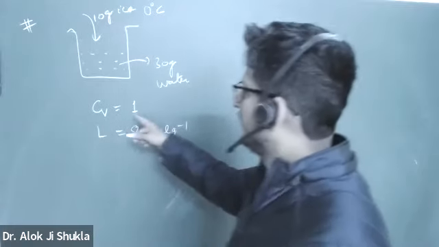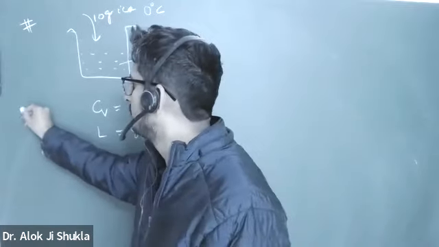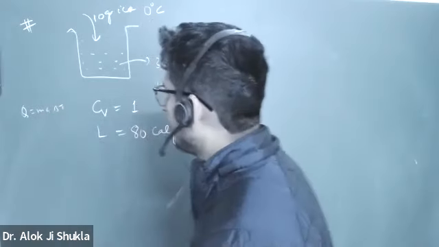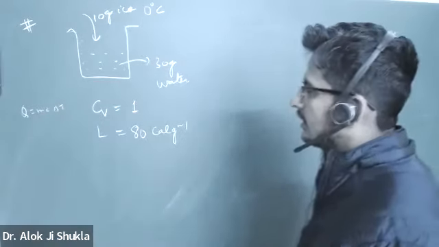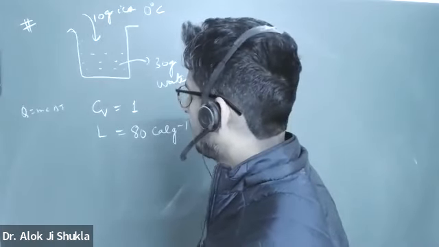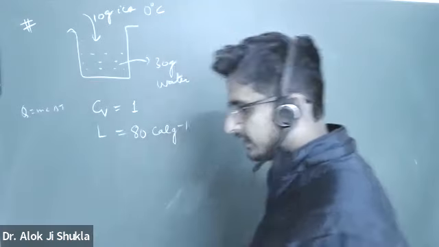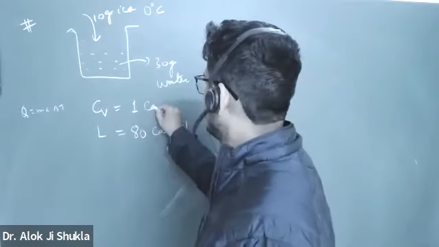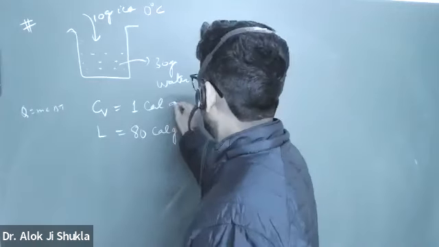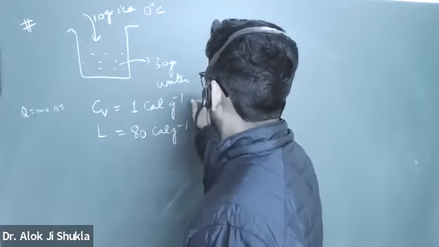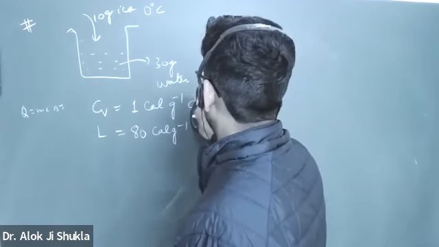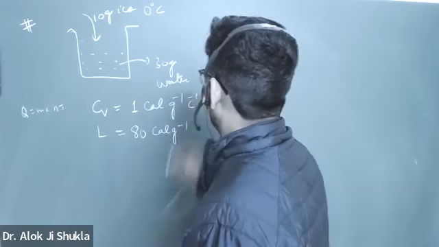So what will be the unit? Q is equal to mc delta T, so C will be calorie per gram per degree Celsius.